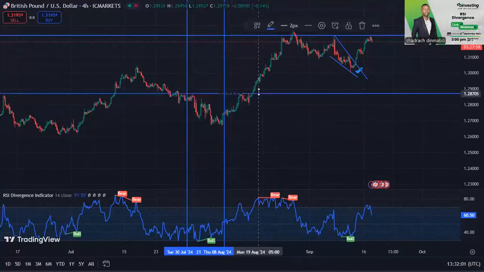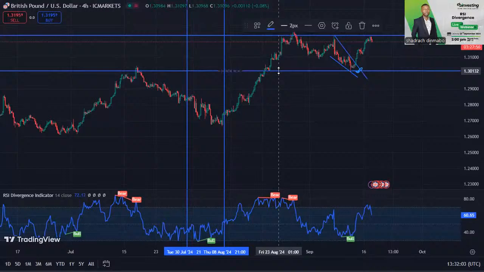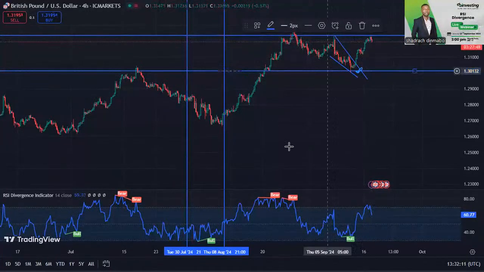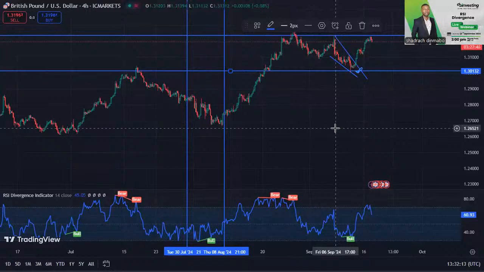We can put our stop loss at this low here, while our target profit is just at this top. And you can see that it moved and hit our target TP. All right. So that's just a simple rule in using this RSI divergence system of trading.